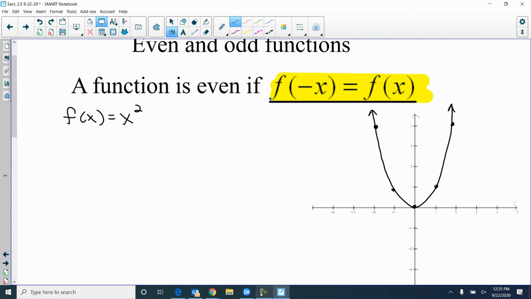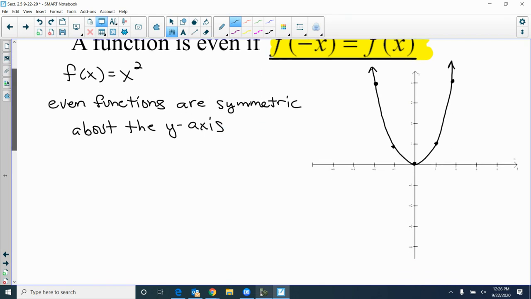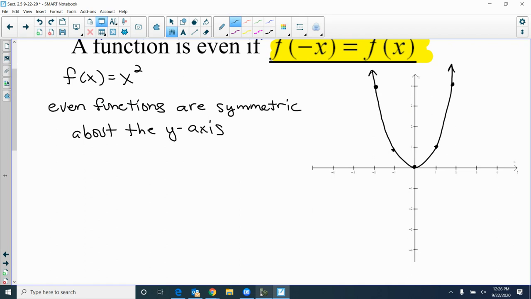All right, what's that symmetric about? Y-axis. Okay. So even functions will be symmetric about the y-axis. Okay, and then f of -x equals f of x for that. So that's an even function for this.